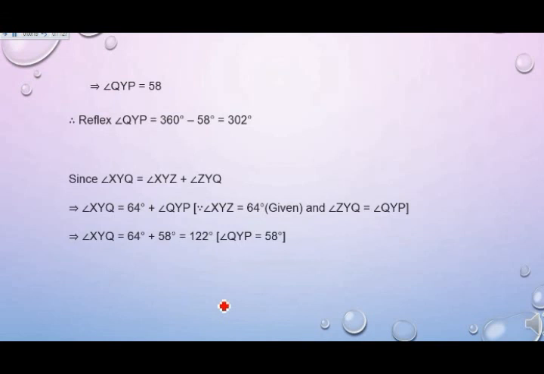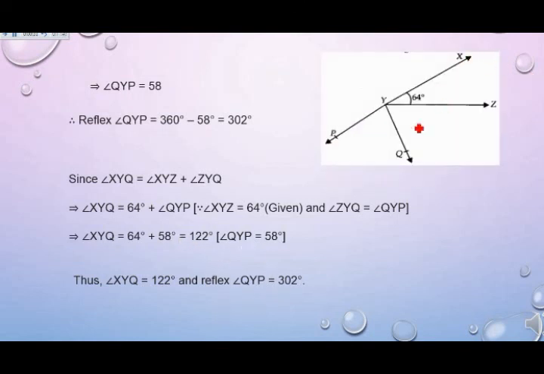So angle QYP is equal to 58 degrees and the reflex of angle QYP is equal to 360 minus 58, that is 302 degrees. Now we also want to find angle XYQ, which is equal to XYZ plus ZYQ, which is equal to 64 degrees plus QYP as shown in this figure.